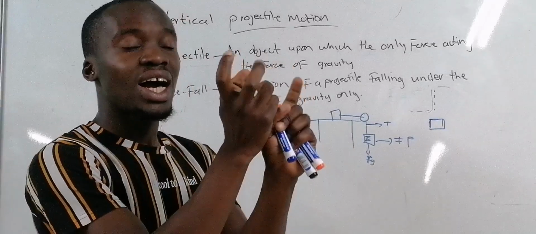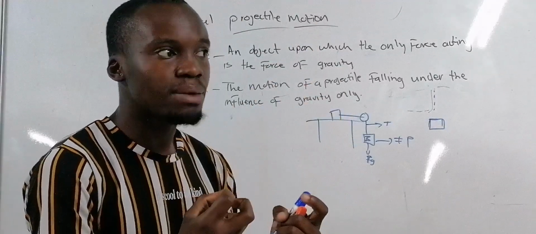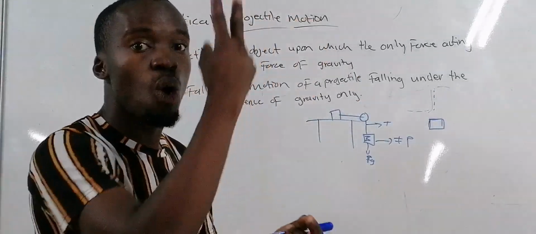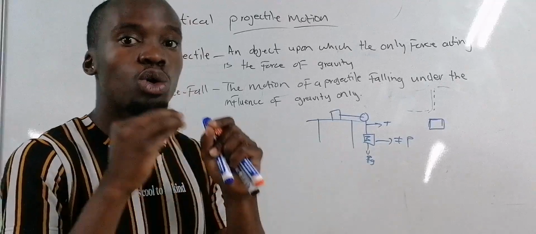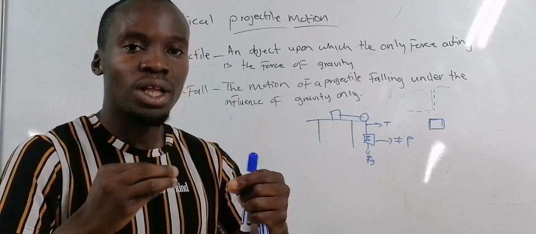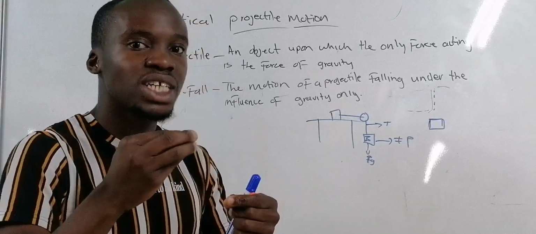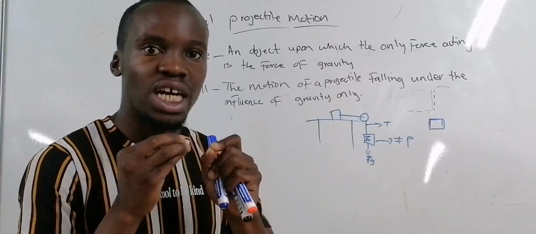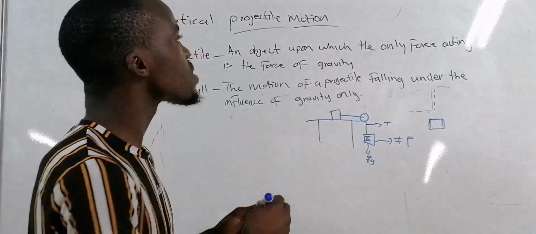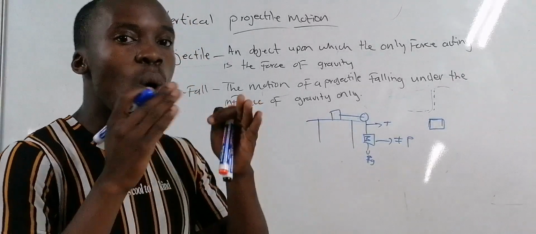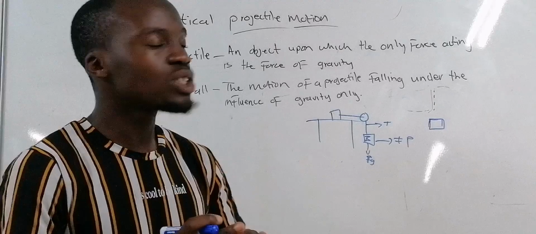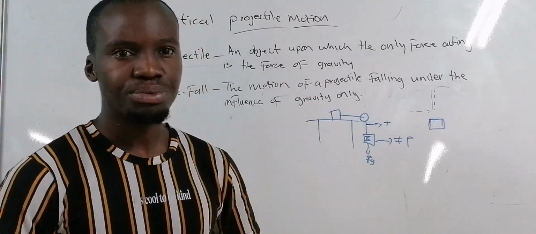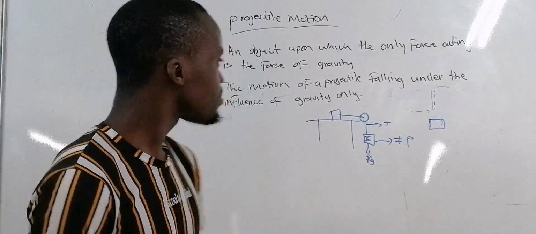Since there's no rope or whatever force applied on the object so that it can go up, you must know that the only force acting on that object that you throw in the upward direction is the force of gravity, or the gravitational force. So that object becomes a projectile. That's very, very important, guys.